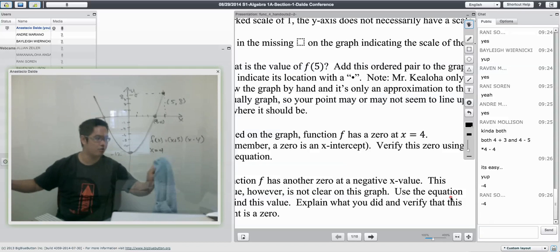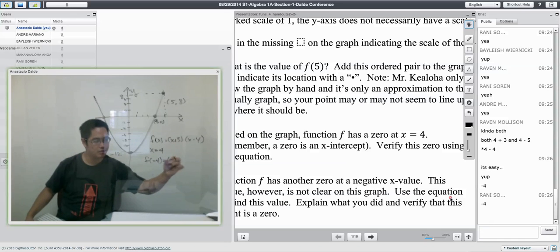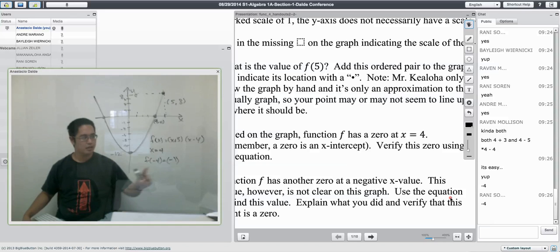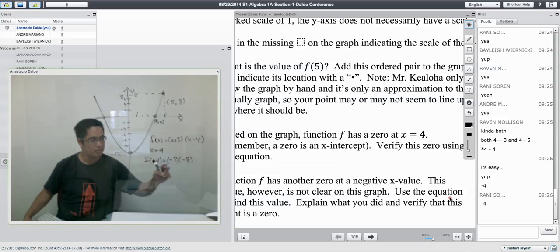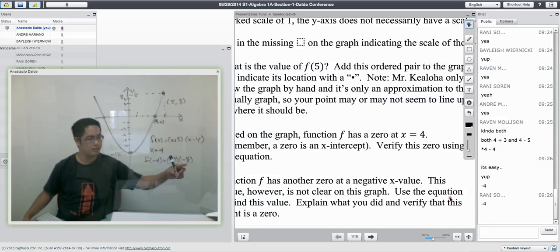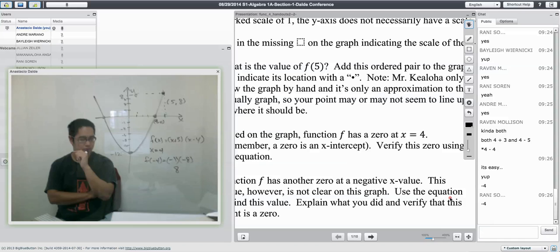So I've got f of -4 equals -4 plus 3 is -1. -4 minus 4 is -8. -1 times -8 is +8. That's not 0. I wanted 0. So -4 is not the correct number that I was trying to refer to.